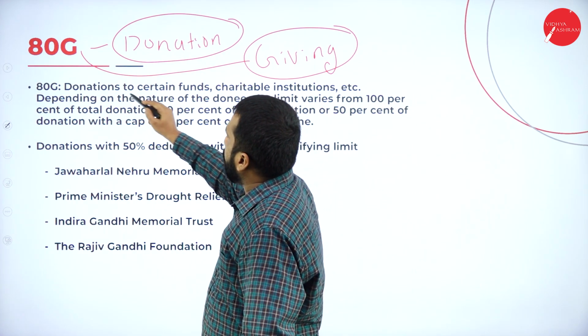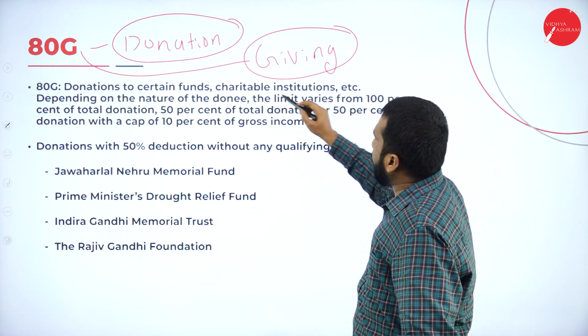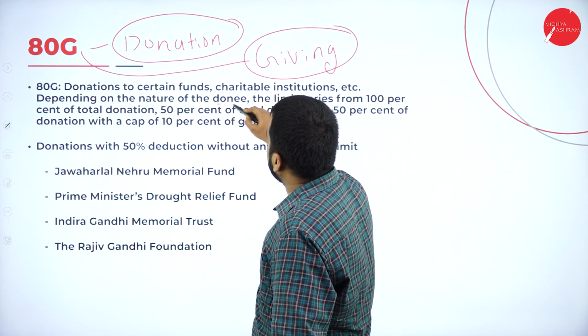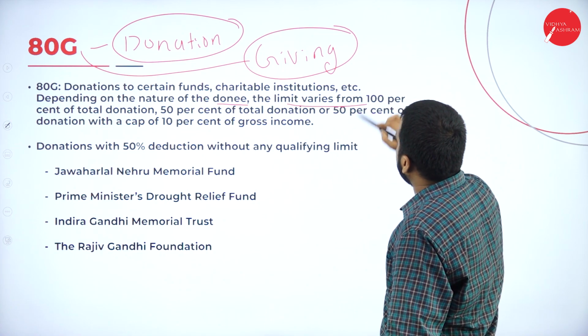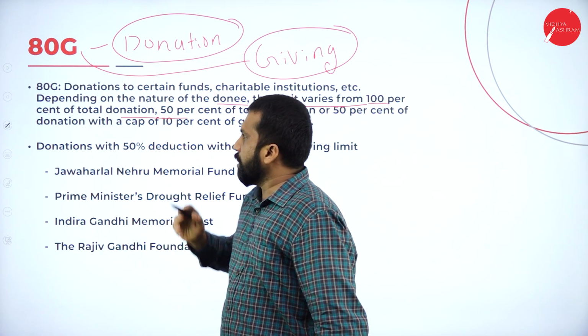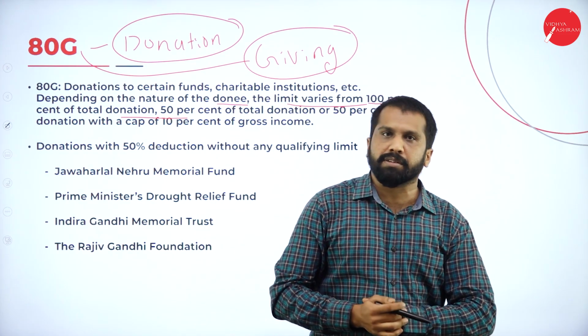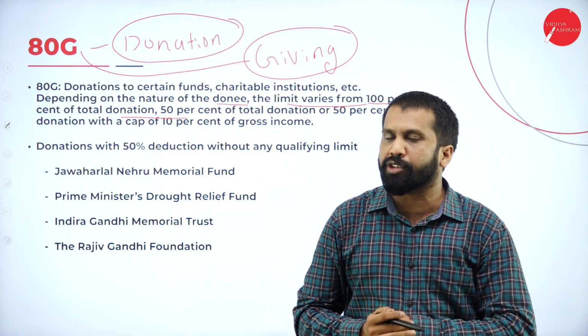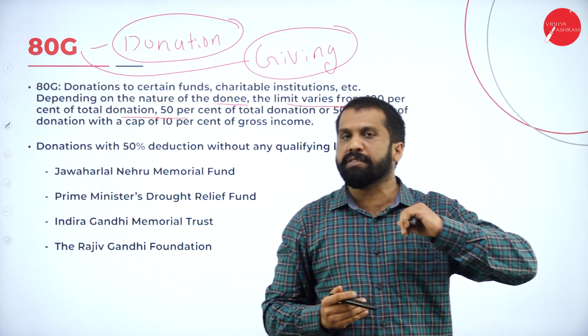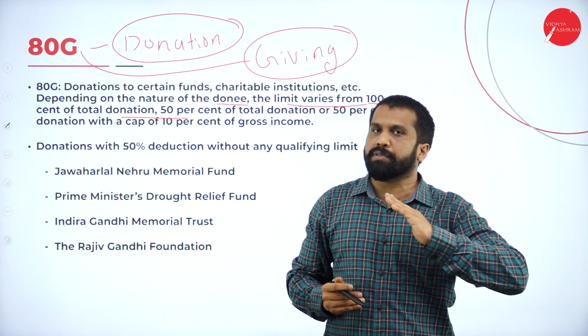Now, donation to certain funds, charitable institutions, etc. Depending on the nature of the donee, the limit varies from 100% to 50%. So for donation, everywhere 100% you cannot claim as deduction. There are certain, I'll give you the chart which comes under 50%, which comes under 100%.